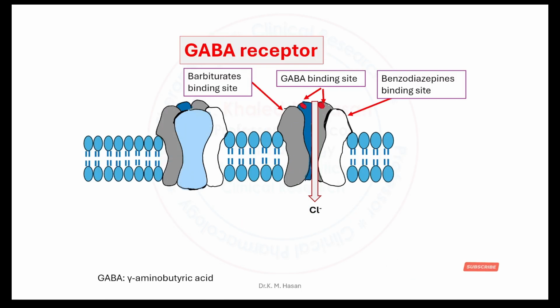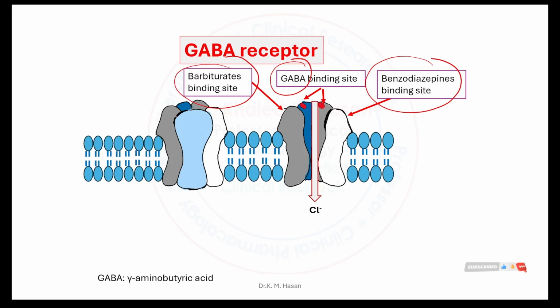Okay, another type of ligand-gated ion channel: we have GABA receptor. We have three agents that may work on the GABA receptor. We have GABA as a mediator binding to the receptor. We have benzodiazepine as a medication binding to the GABA receptor. We have barbiturate binding to the receptor.